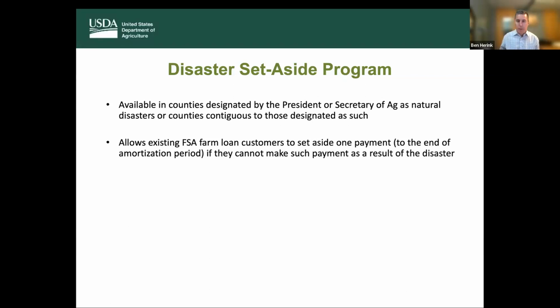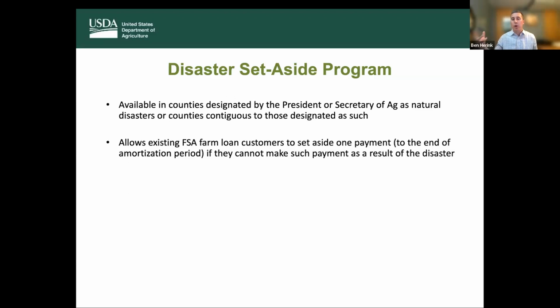A couple other points I just want to make as it ties to EM loans before I open it up for any questions: always remember we can't have a duplication of benefits. Pat talked about LFP, for example. If we have somebody that applies for an emergency loan and we end up making them a loan, and they also received LFP assistance, let's say, because of having to pull cattle off grass early, we're going to deduct that LFP assistance they've already received from any qualifying loan they might be eligible for under the emergency loan program.